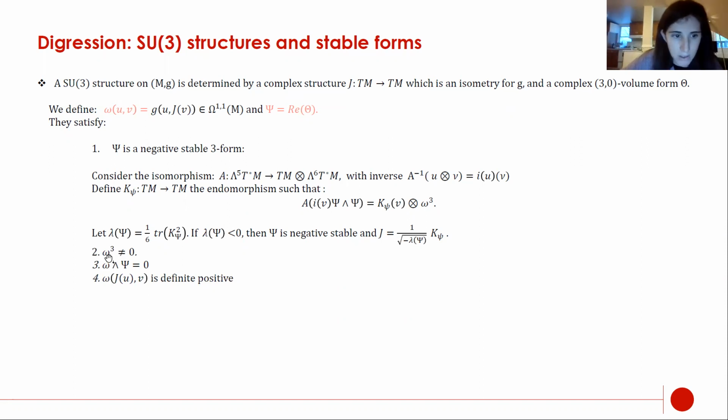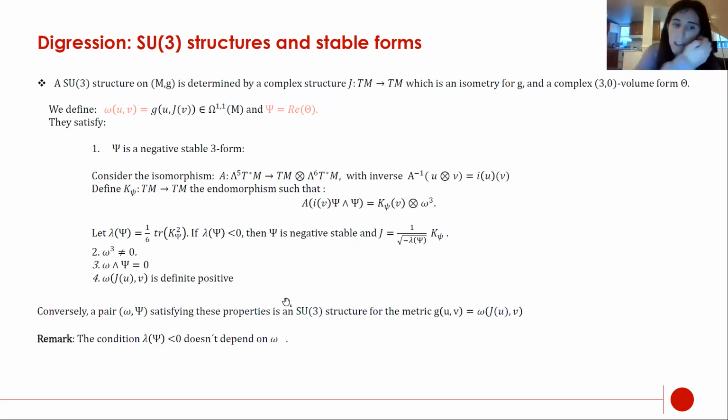The second is that omega is non-degenerate. The third one is that omega wedge psi equals 0 because omega is a 1-1 form and psi is a 3-0 form. And the fourth one is that the contraction of omega with J should be definite positive because this indeed coincides with g because of our definition.